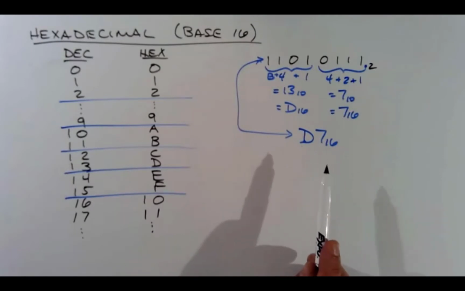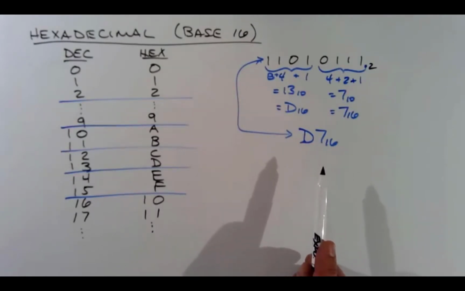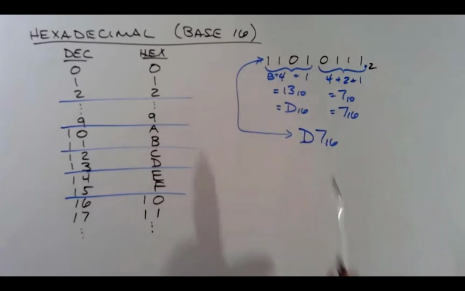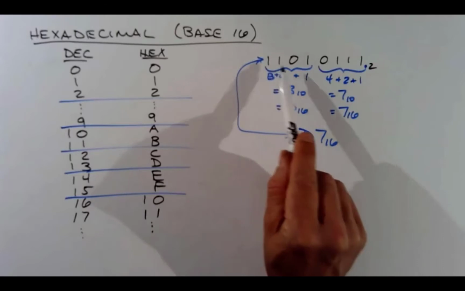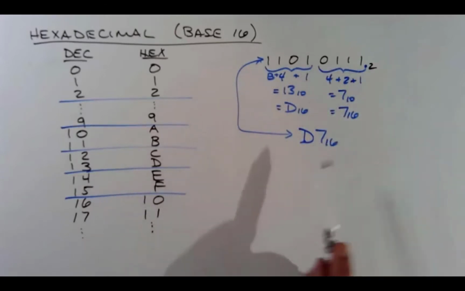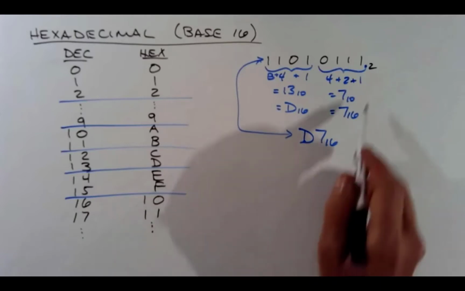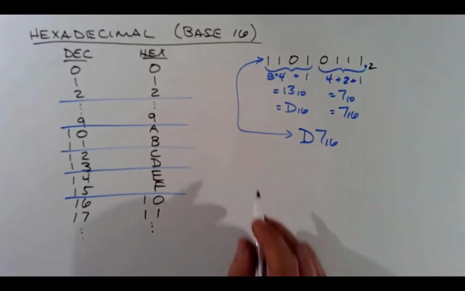So if you're programming software for an Arduino and you have to represent these binary values as setting some register somewhere, instead of writing 11010111, you can write D7 and you can specify it as a hex value. So you can see as you have maybe 32 bits, 64 bits, it's more compact to show on a screen or to type in these hexadecimal digits that can represent 4 bits at a time.